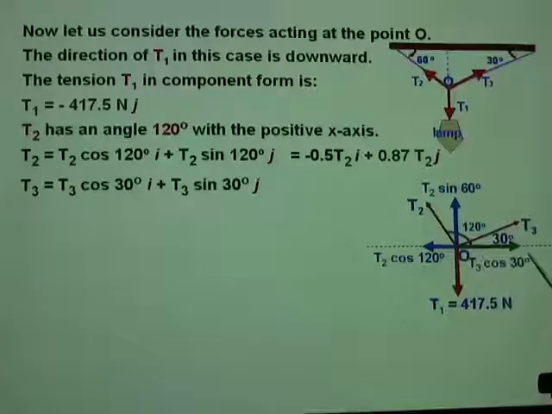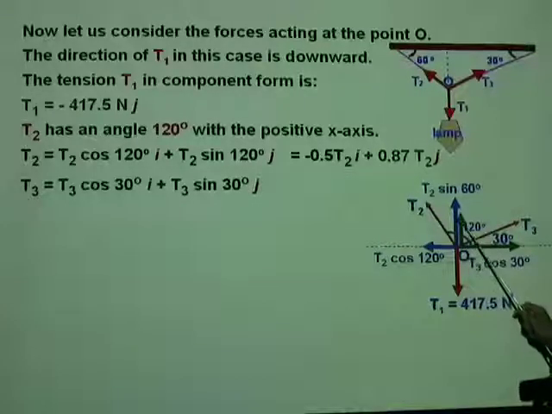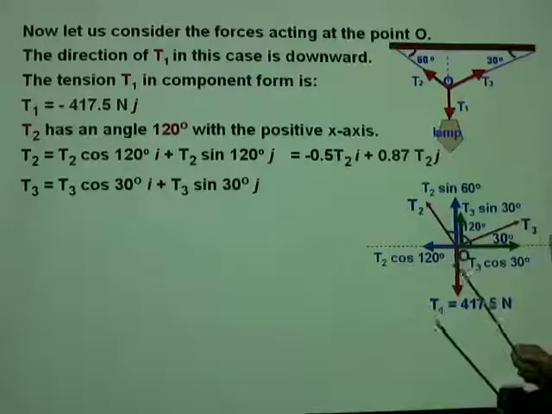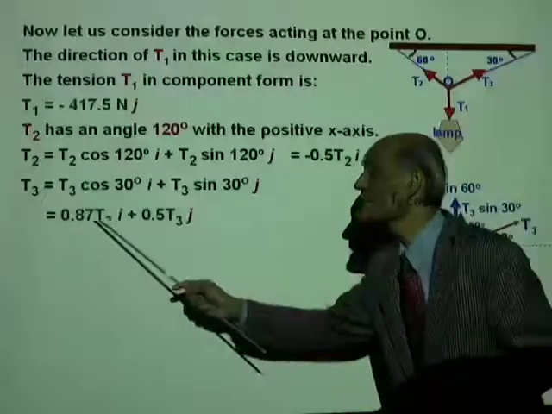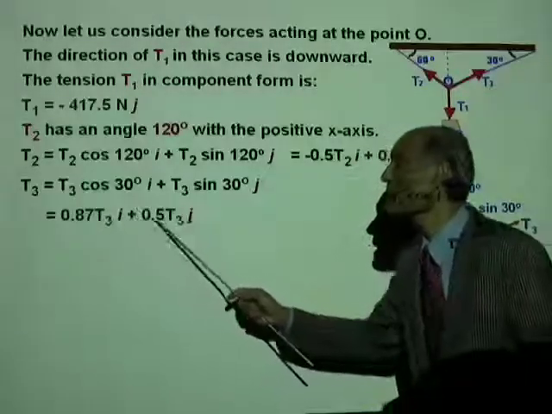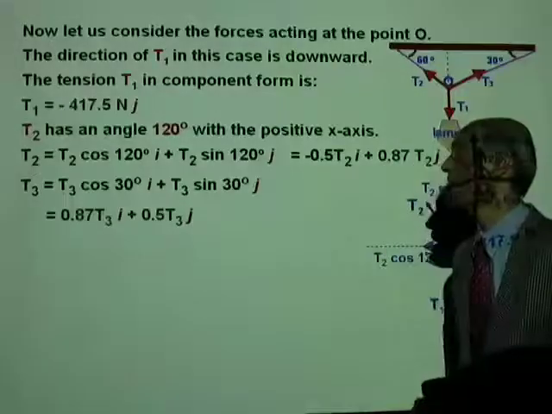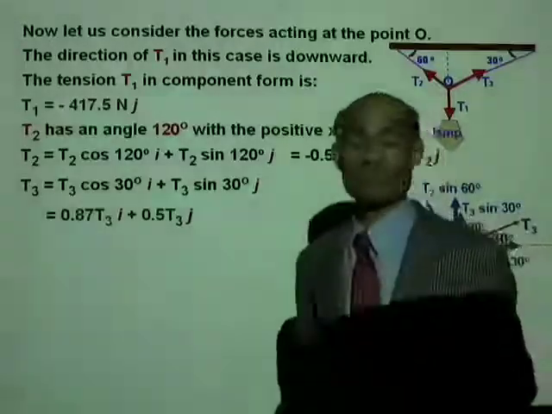This is T3 cos 30 degrees. And this is T3 sine 30 degrees. And that will be 0.87 T3 I plus 0.5 T3 J.